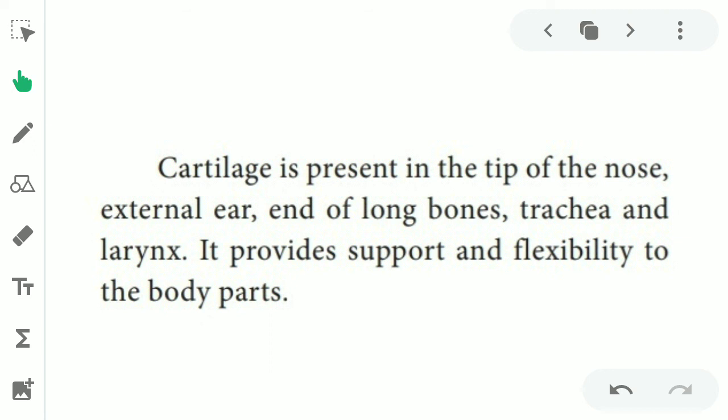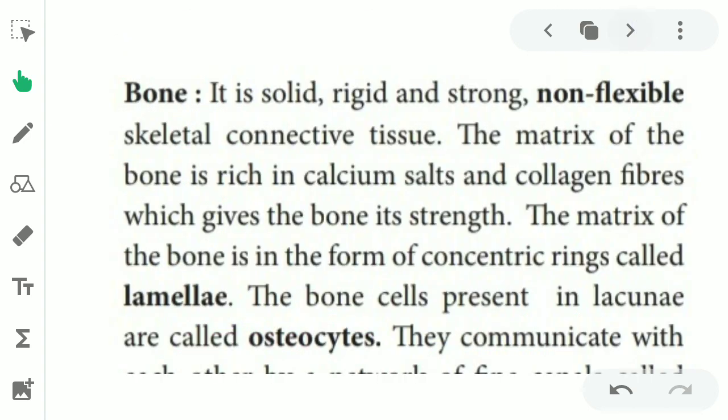Cartilage is present in the tip of the nose, external ear, ends of bones, trachea or windpipe, and larynx. It provides flexibility to body parts. This is cartilage.